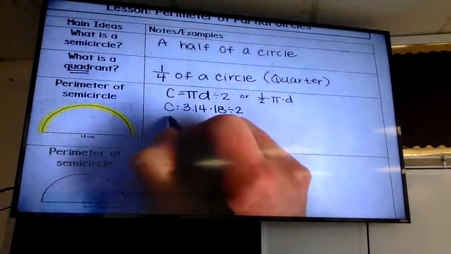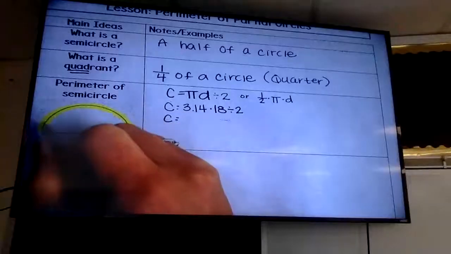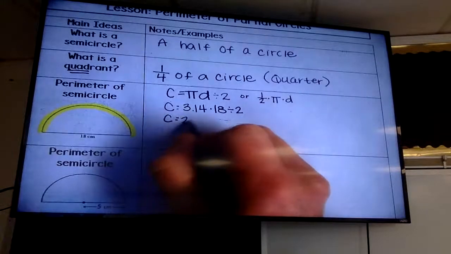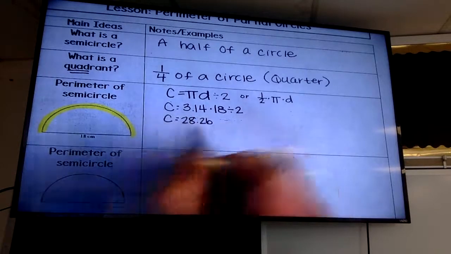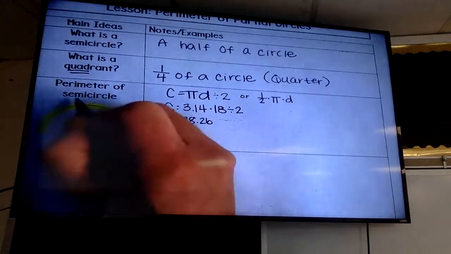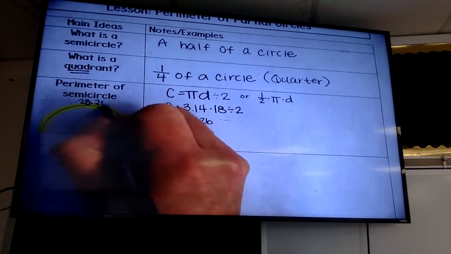Okay, so I find out the circumference of just this arc. Remember, we're finding the length of just this arc. It is 28 and 26 hundredths. So what I oftentimes do is I'll highlight it, say, okay, just this part is 28 and 26 hundredths.